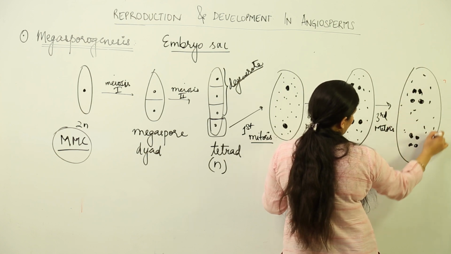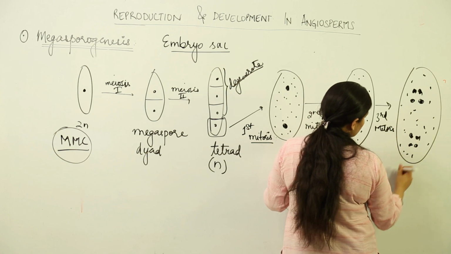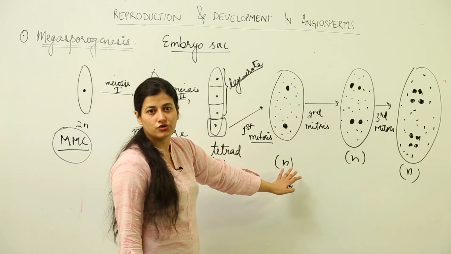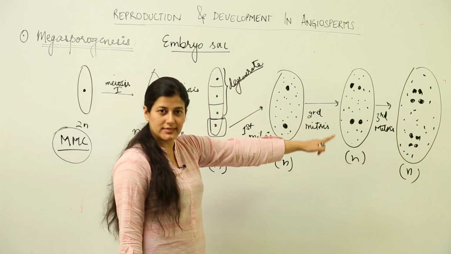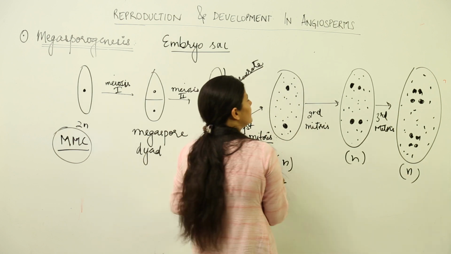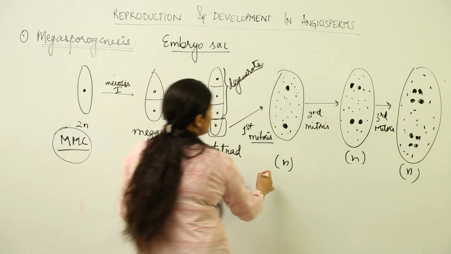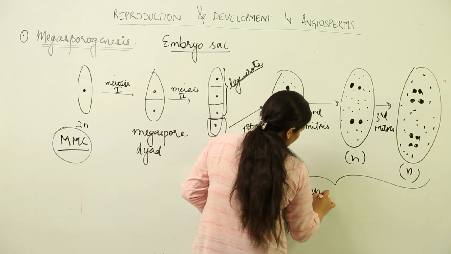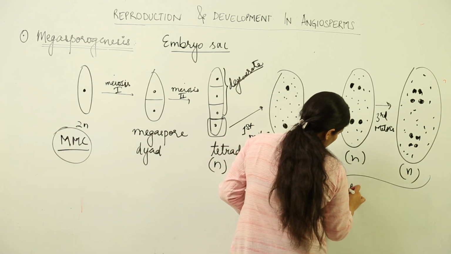So, you have a cell which is haploid, which is a single celled 8 nucleate stage. Okay. This is a single cell 8 nucleate stage, you have to remember. Now, what is this? This is nothing but female gametophyte under formation.